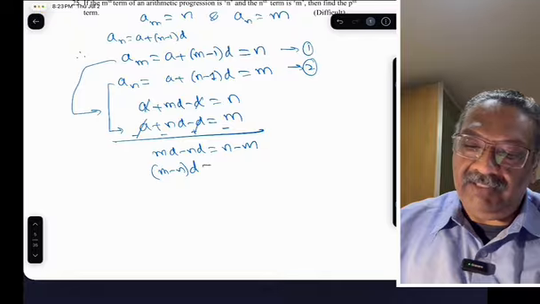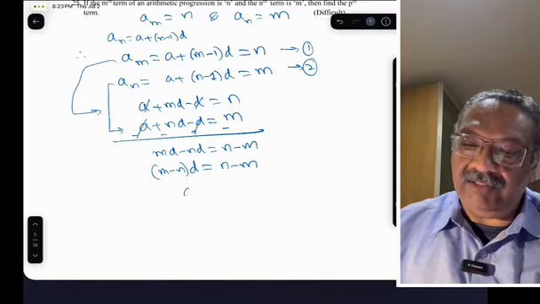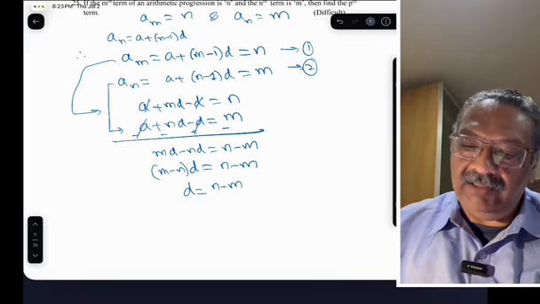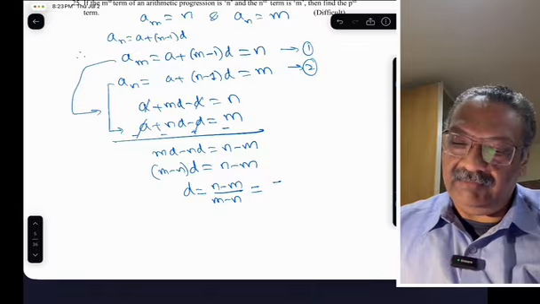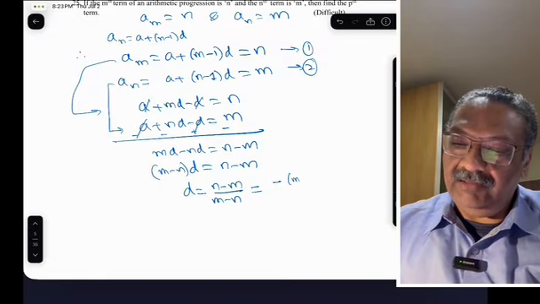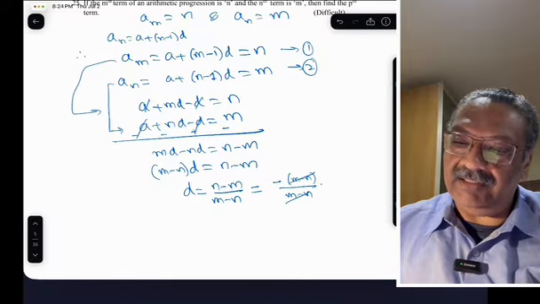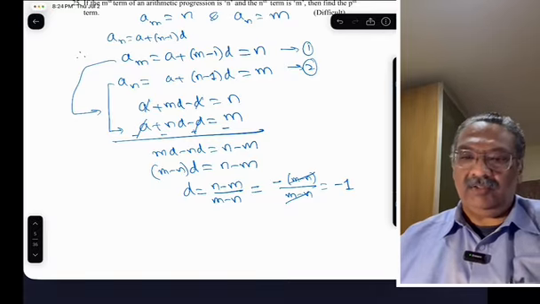That is, taking d common, m minus n times d is equal to n minus m. Therefore d is equal to n minus m by m minus n. You can take minus 1 common, minus of m minus n divided by m minus n. M minus n cancels, common difference is minus 1.